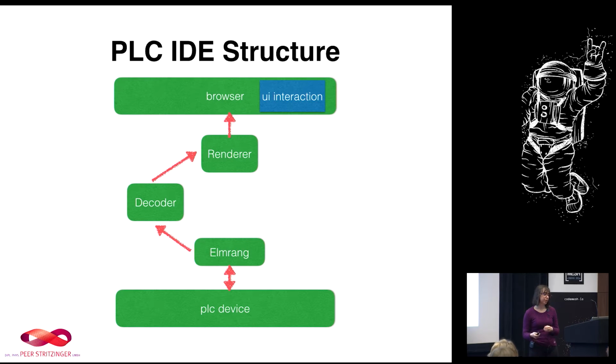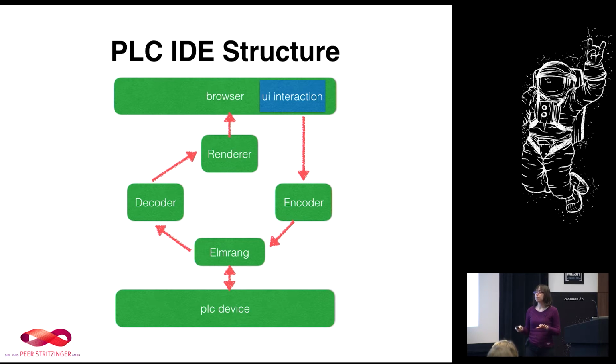And then UI interaction is sent to the encoder, which is another component, which sends it back to the WebSocket library, and it gets back to the PLC device. So for example, I could open a variable pass states from the web browser just by clicking on it, and this whole communication goes on.